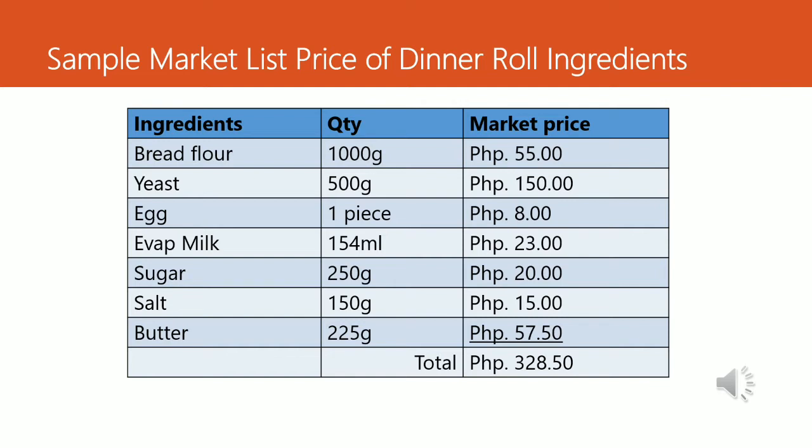Evaporated milk with 154 ml, equivalent to 1 small can, costs 23 pesos. 250 grams or 1/4 kilogram of sugar costs 20 pesos. 150 grams per pack of salt costs 15 pesos. 225 grams per bar of butter costs 57.50.